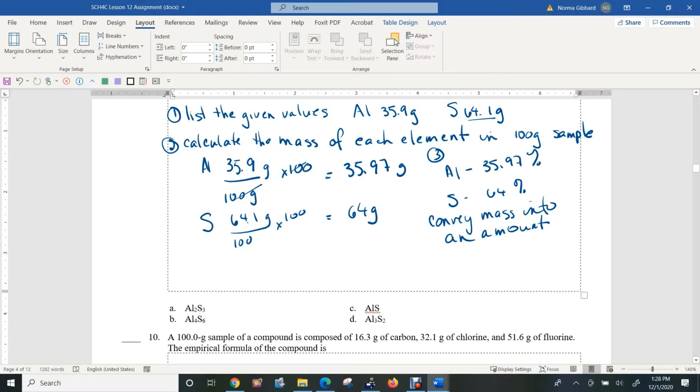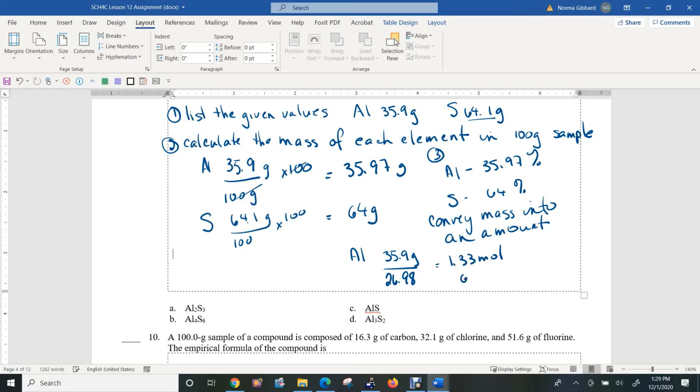So for aluminum, we have 35.9 grams, but its value is 26.98 on your periodic table, and that's going to work out to 1.33 mole.